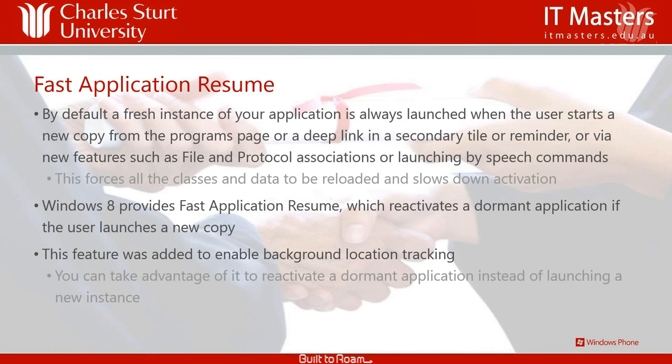They might have gone away from your application and clicked on a secondary tile. This secondary tile would normally take them to page 2 of your application. So using Fast Application Resume, your application comes into the foreground on page 3. So we've got a backstack of page 1, 2, and 3. And now it's going to navigate to page 2 in your application. So now we've got a backstack of page 1, page 2, page 3, and back to page 2.